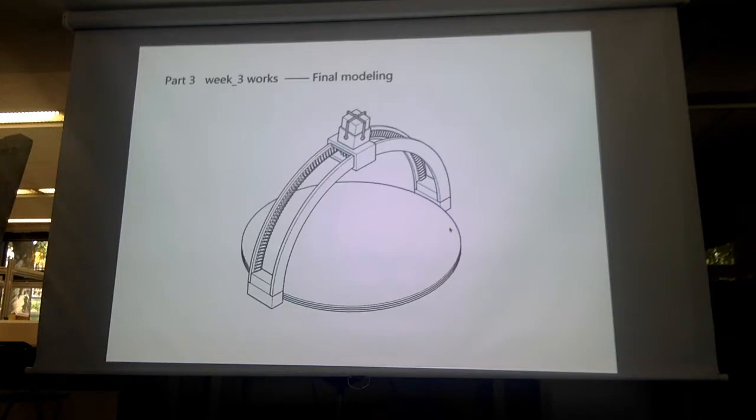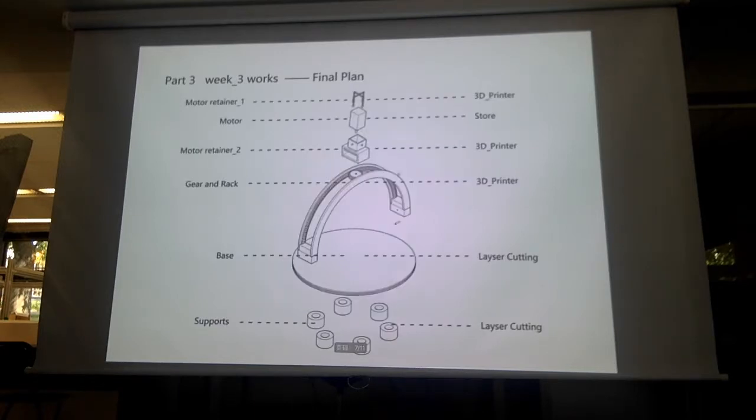And then I made my final model like this. It contains two motor retainers to fix the motor on the racks, and a motor here, which we bought from the store, and the most important part of my design, the gear and the racks here, and the base and supports which use laser cutting.